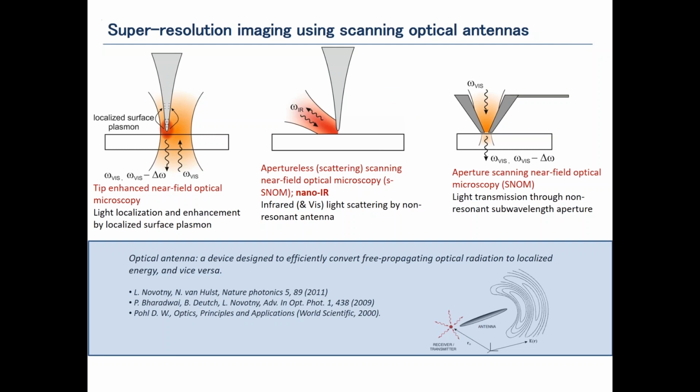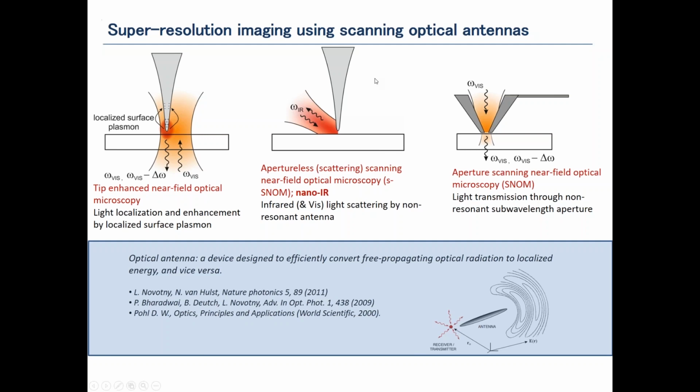And in general, there are three ways how to improve the optical resolution by using the atomic force microscope. The first way is to use a tip-enhanced near-field optical microscopy, when we have the light localization and enhancement by localized surface plasmon. This is the physical phenomenon that can be applied to quite a variety of samples, but it needs the resonant enhancement of the optical light.